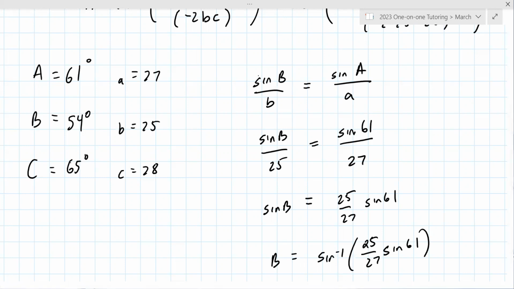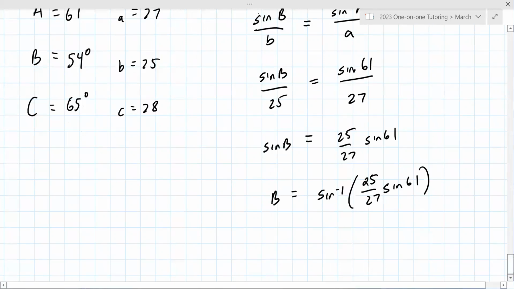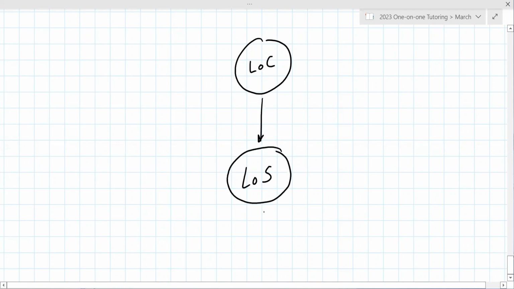Can the law of cosines one ever be two, or is it always just one of them? It's just one. There are some paths here. If you start with law of cosines, you only use it one time, and then you use law of sines to find the other one, and then use the 180 subtract angle.